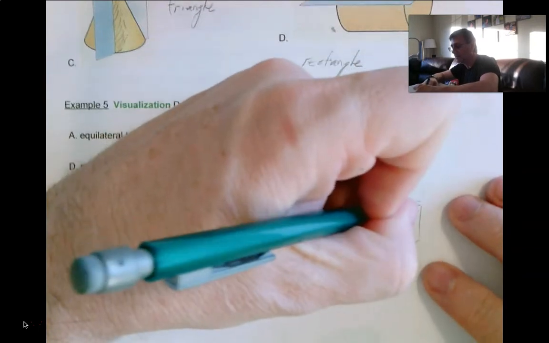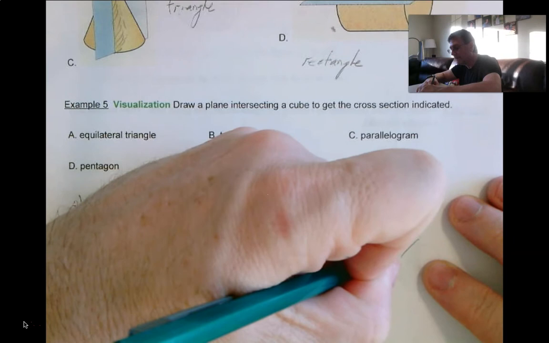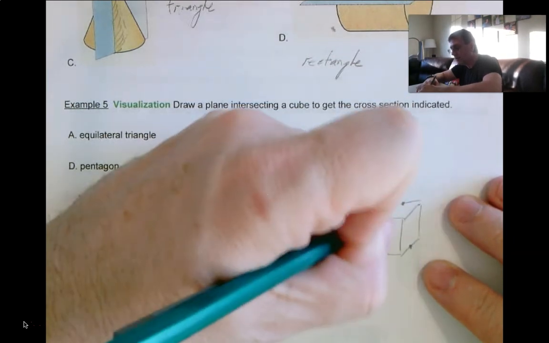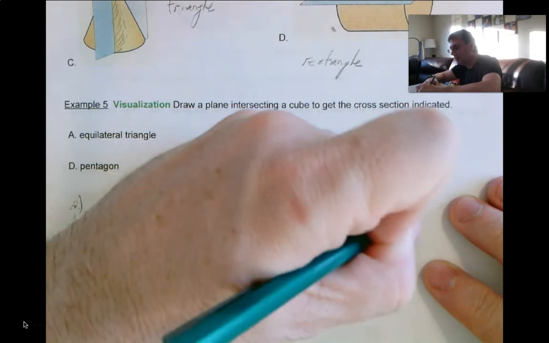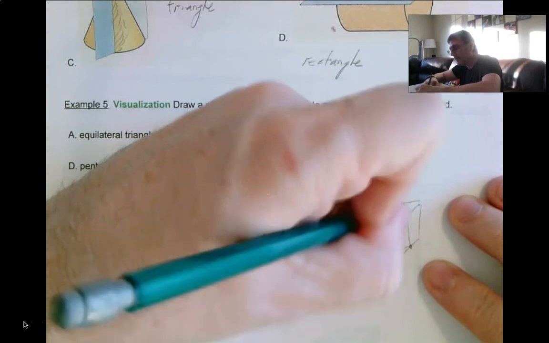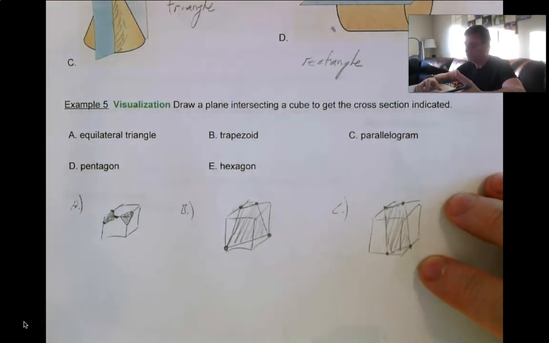Make it a little bit easier to see it. This time I want to keep these the same width. Now it happens to be a rectangle, but that's okay. A rectangle is still a parallelogram.